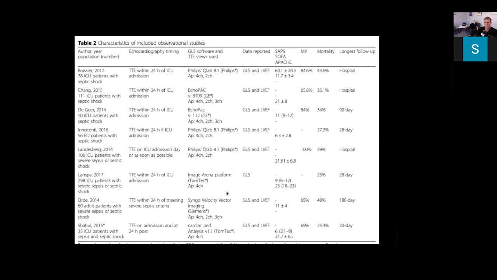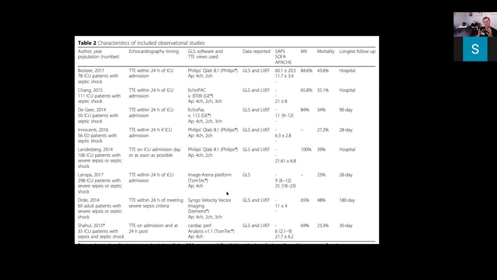I look through these studies and we can see that there are a lot of different ways, different vendors and different criteria for measuring these. You've got people who are looking at just one apical 4-chamber view, and often some of these views are not optimized for speckle tracking. Again, you're meant to have frame rates greater than 50.